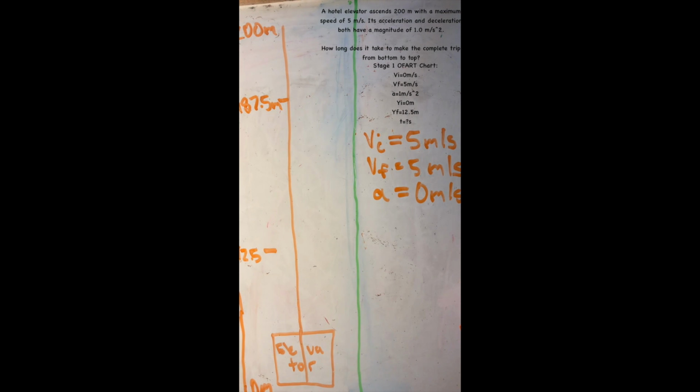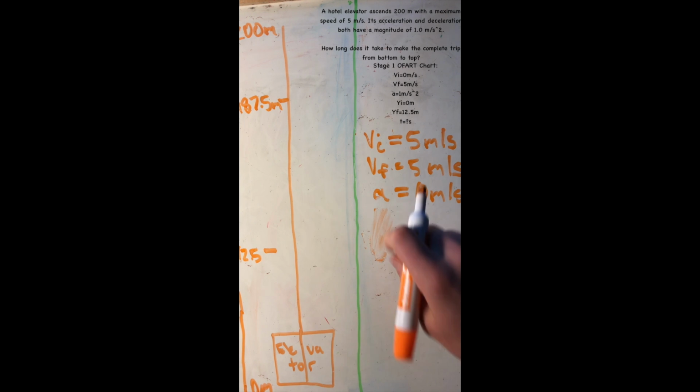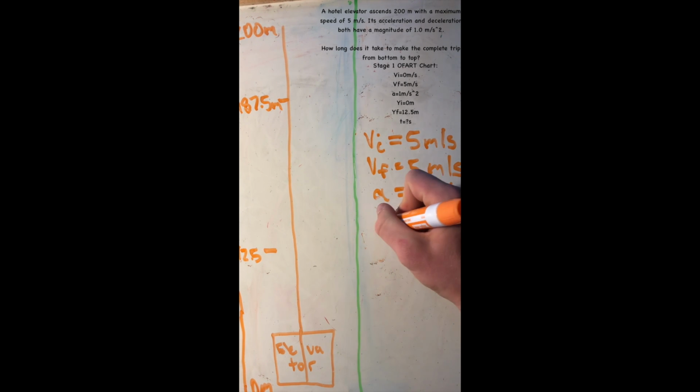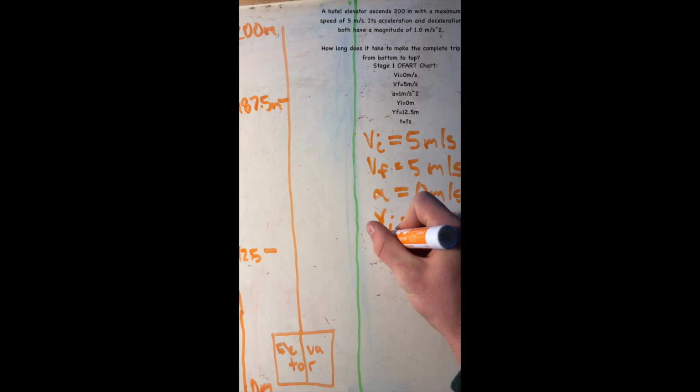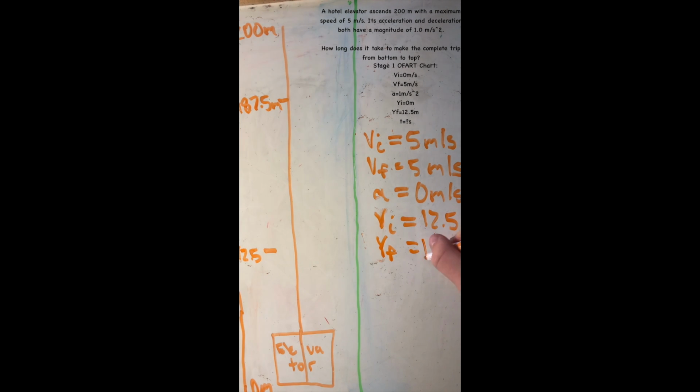There's no acceleration going on there. It's a constant speed. Our initial position, I'm going to call that y initial. Y initial is equal to 12.5 meters right there. And the y final is going to be our 187.5 meters.